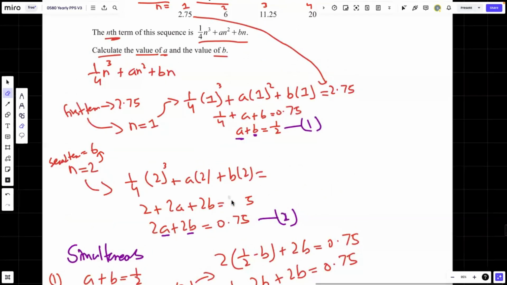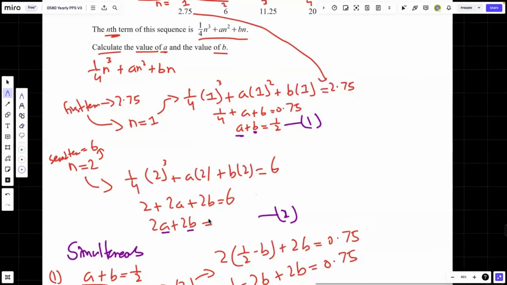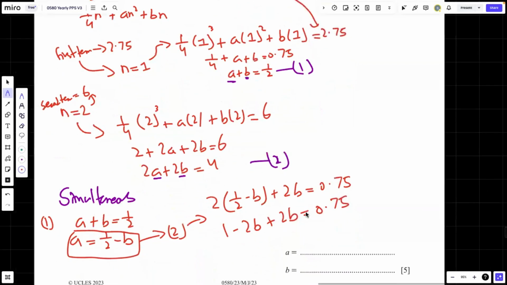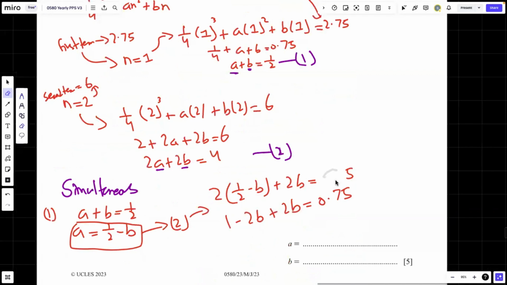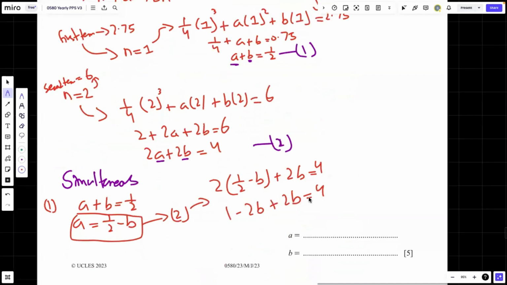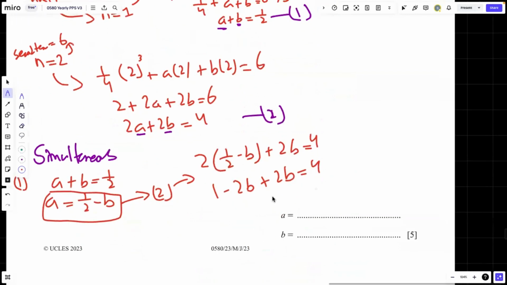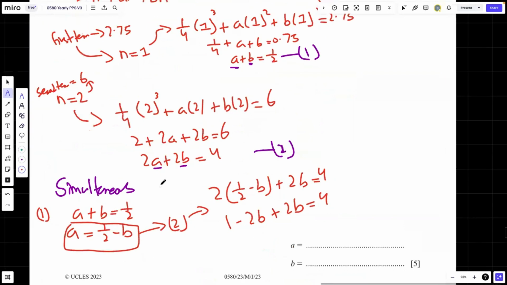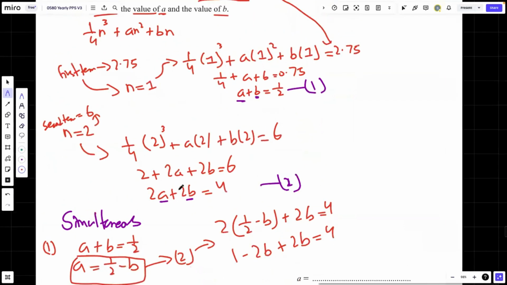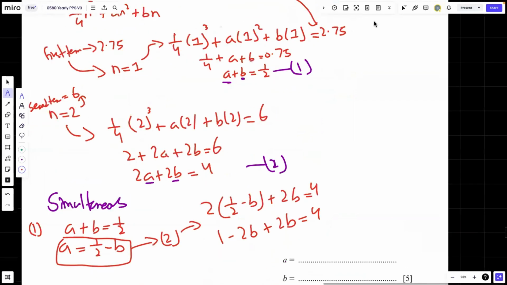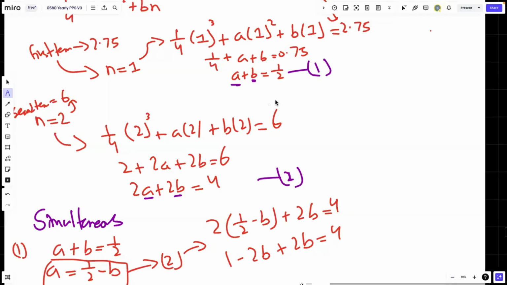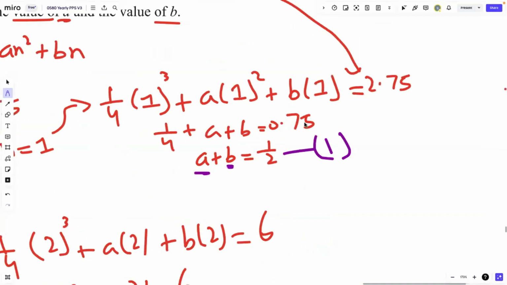Let's just correct this. 6, 6, and then 6 minus 2 is going to give us 4. And this would be actually 4 as well. This is the second equation, and the second equation just got some changes, so that's 4. And initially, we'll have to correct the first equation as well. Yeah, for the first equation, here's the mistake. So let's just correct this. This is not going to be 0.75.